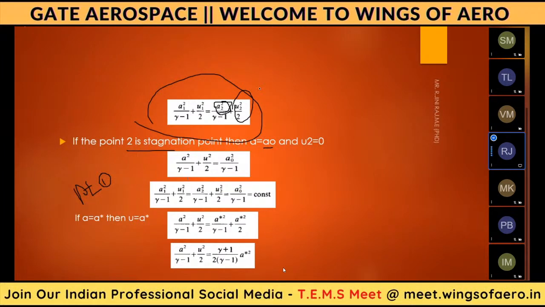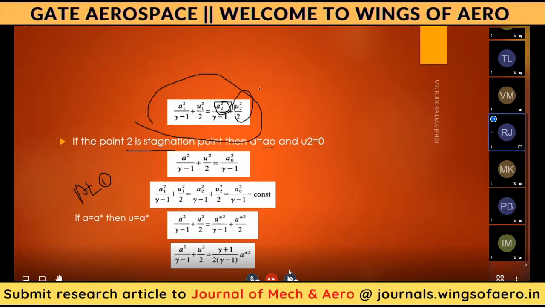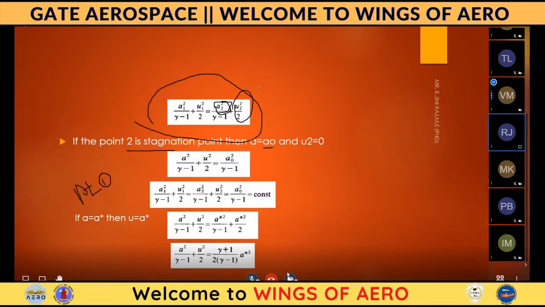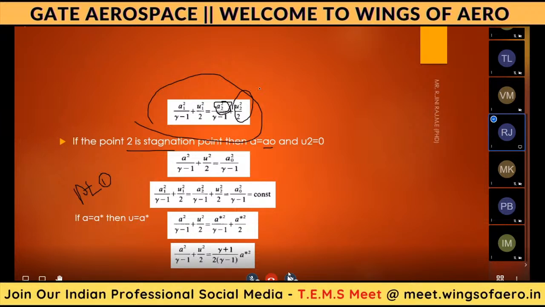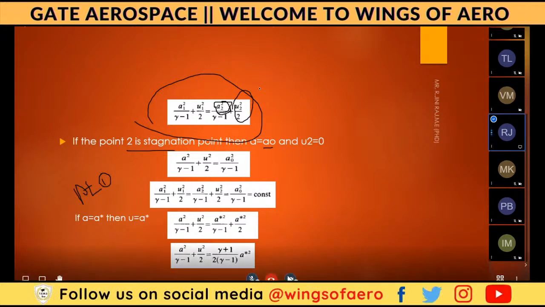Take any one side and fix that this point is the stagnation point. Then the equation becomes a equal to a naught. We are fixing any one point on any side and then just substituting. The naught represents the stagnation condition. I am just changing the values from a to a naught. That a naught represents a stagnation point because the velocity is 0 at that point. Therefore, I am considering it as a naught.